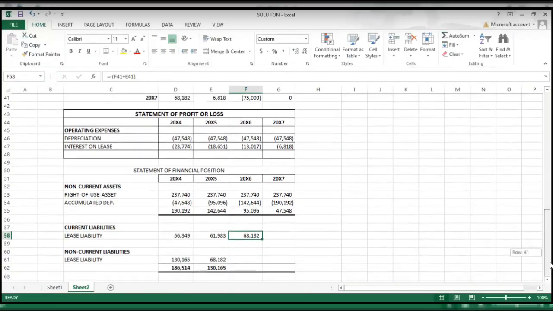The non-current liability is going to be 0 because there is no amount payable beyond 1 year, since everything is going to be paid in 1 year's time. So the non-current liability will be 0, and that's how that will be done.